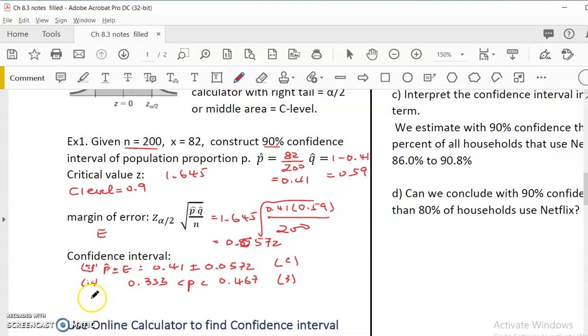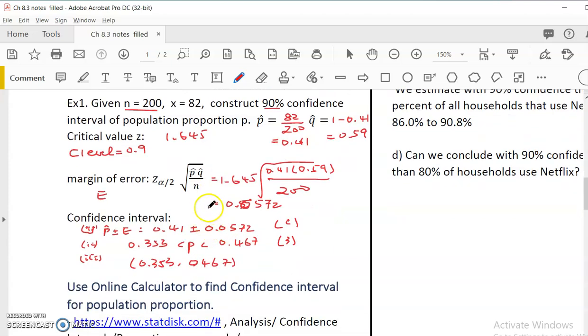And of course, we can also do the interval notation: 0.353 all the way, comma, to 0.467. That means this particular sample shows us 41%. I don't know if it's transfer students that many, but the real proportion, the real percentage, could be 35.3% up to 46.7%. So that's how you interpret it.